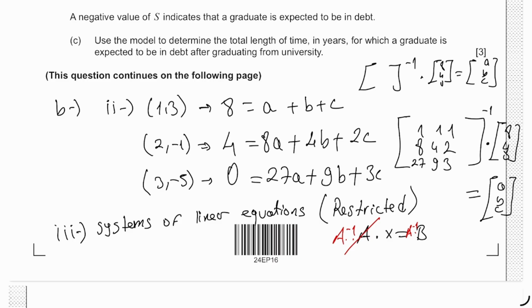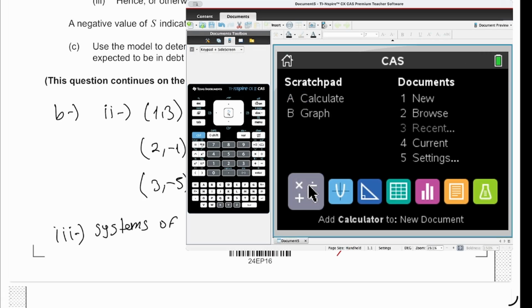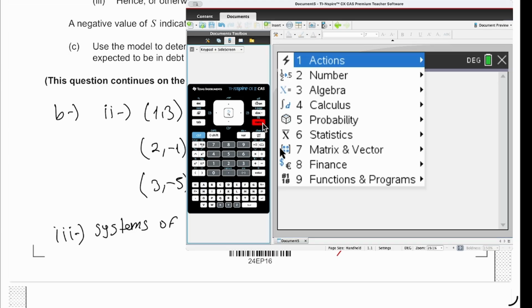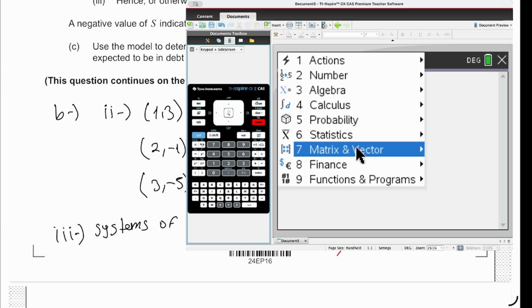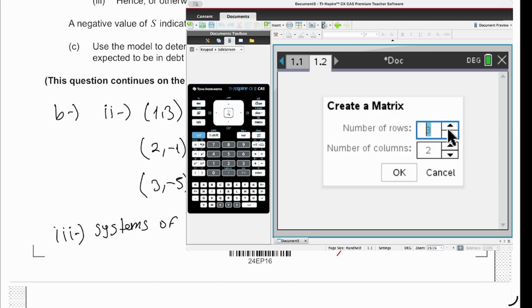Let me show you how to do it by calculator. Go to menu, matrix vector, and create this matrix. It's a 3 by 3 matrix.